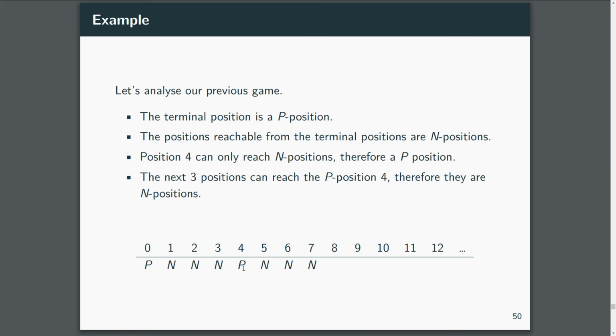Knowing that 4 is a P position, we would always choose to go there, because then we know that the next player can only make moves which get them to an N position. And then we can fill in the rest in the same manner.